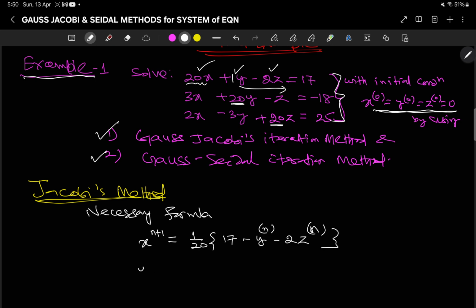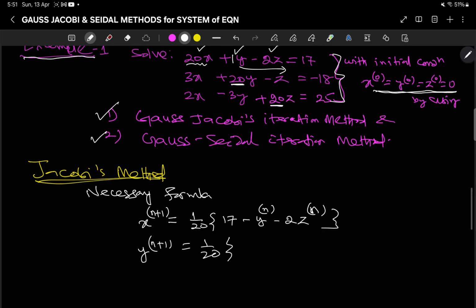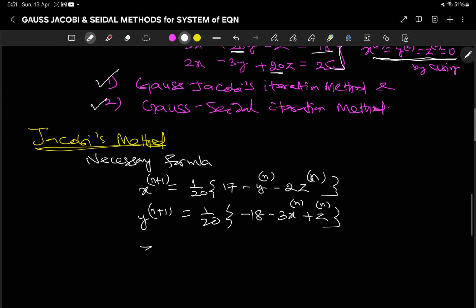Okay, and y at the n plus 1 step will be again 1 by 20 times, bringing it to this side, minus 18 minus 3x plus z, at the nth step. And here z at n plus 1 is again 1 by 20 times 25 minus, bringing this to that side, 2x plus 3y, the result from the previous step.